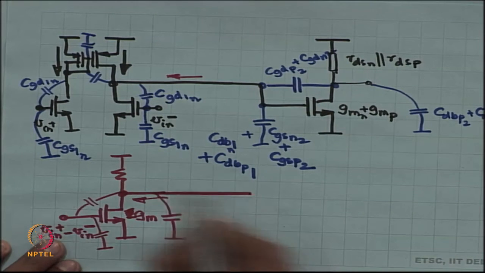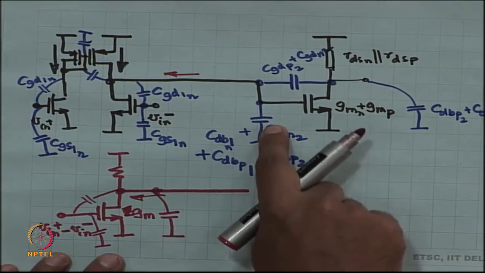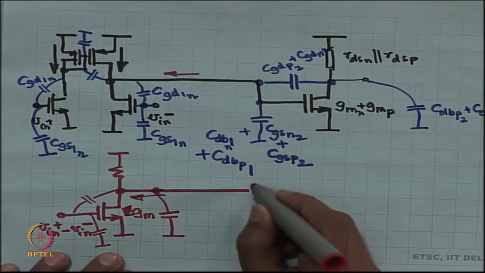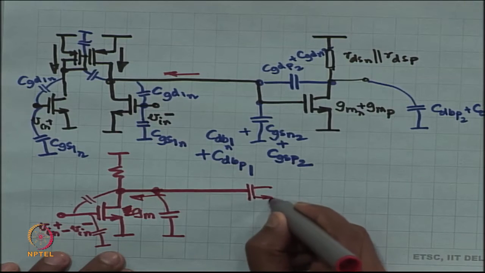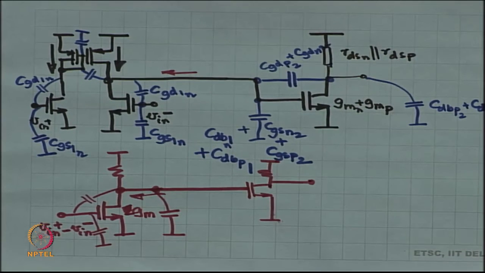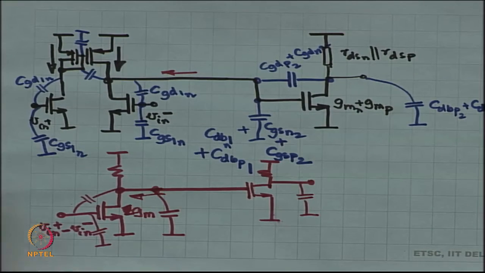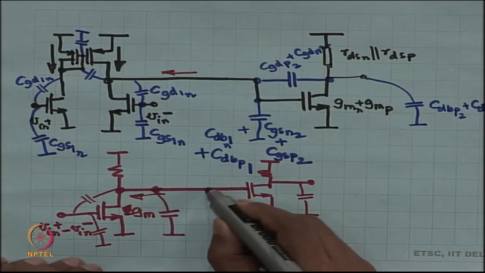Now, once that is done, the second stage I have already modeled. This capacitance has to be combined with the other one. Okay. And now it looks like my two stage cascaded amplifier, and the two stage cascaded amplifier we have just learnt how to compensate. How do we compensate it?